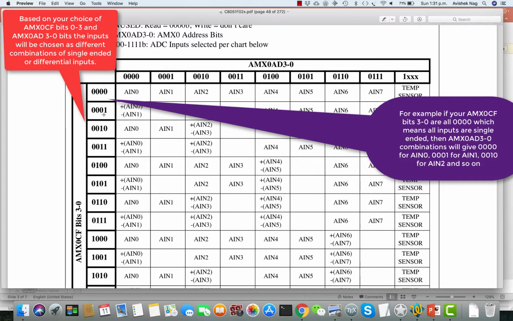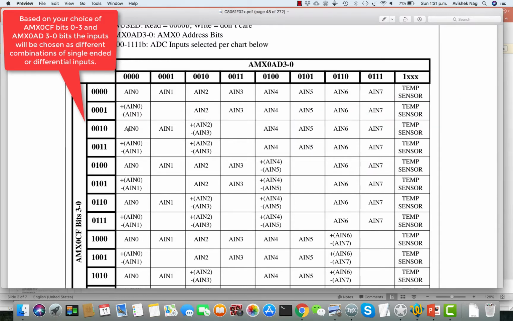If you put 0001, then you have a differential input, AIN0 and AIN1, and if you put 0010, then you have a differential input at AIN2, AIN3, and so on.